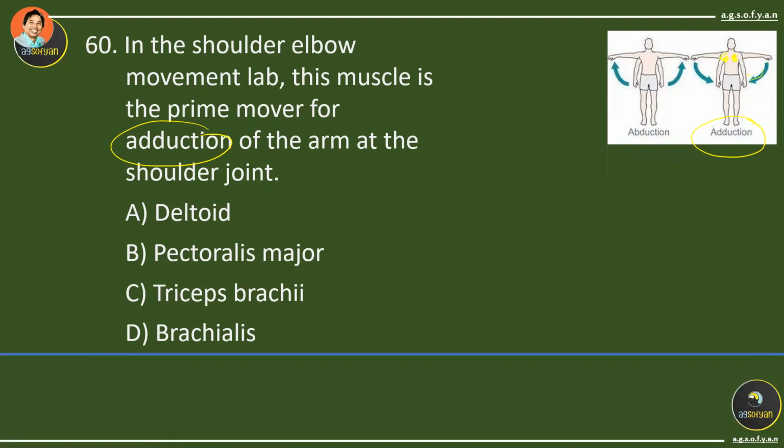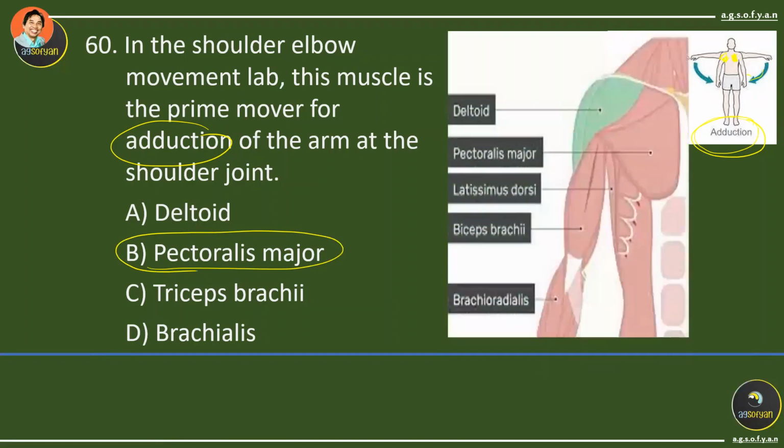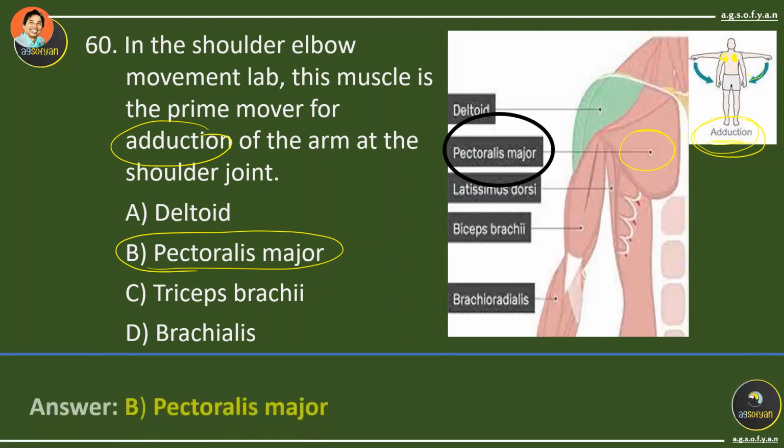What do you call that muscle on the chest? It's called the pec muscle, or pectoralis major. This muscle will be the one that adducts our arm.